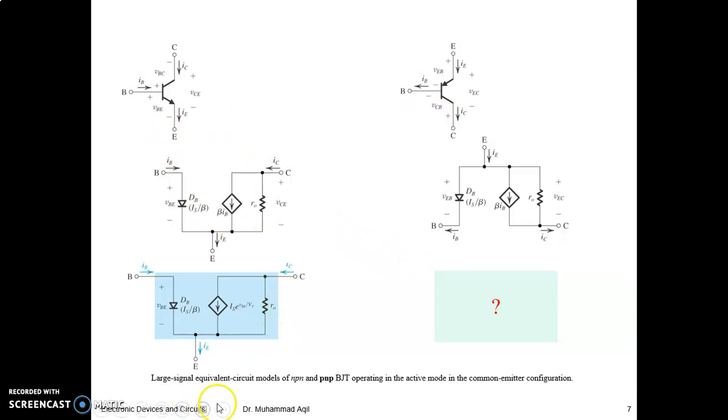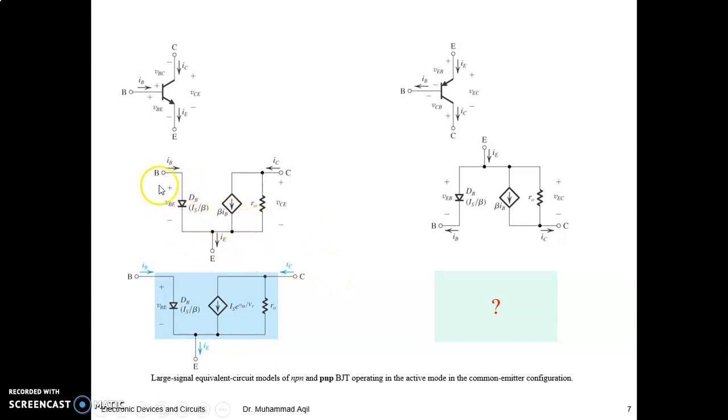So the large signal model of the NPN transistor in active mode for common emitter configuration can be drawn in this way, right? It seems similar to the small signal model, with the only difference that this diode will be replaced with the small r pi. We will discuss it later.